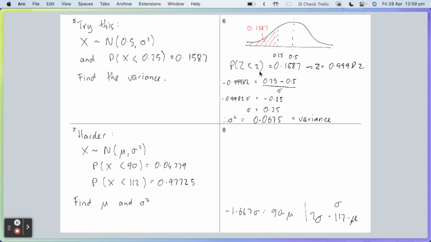So if you're given x greater than a value, then you need to convert it into x less than the same value, and then put that into the inverse normal function. So the inverse normal function is always looking at the left-hand area, never looking at the right-hand area. So given the area on the left, which you can work out, or maybe you're given it, like we are in this problem, it will return what that little value there is. Yep.